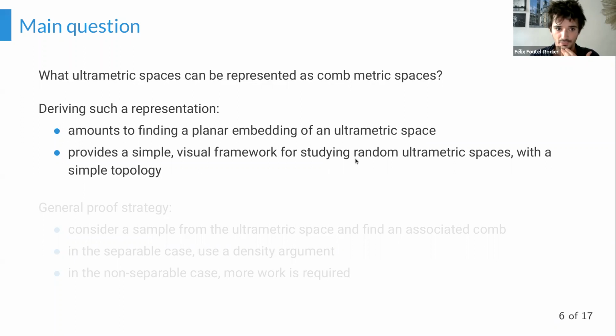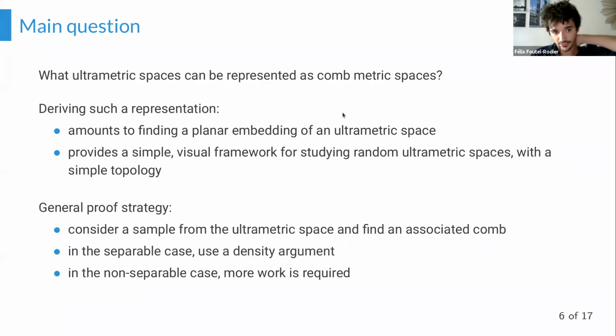Just to briefly outline the rest of my talk, I'm going to give the general strategy that we want to apply to put in isometry an ultrametric space and the comb. The first step is that we won't work with the entire ultrametric space, but rather we will consider a sample from the ultrametric space. We will first show that we can represent this sample in a certain way using a comb.